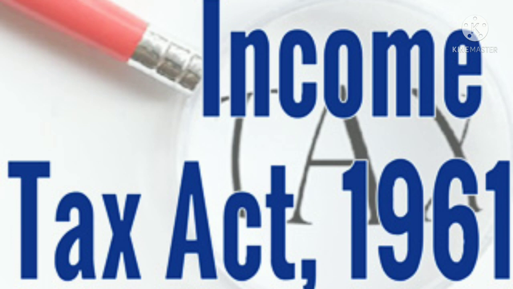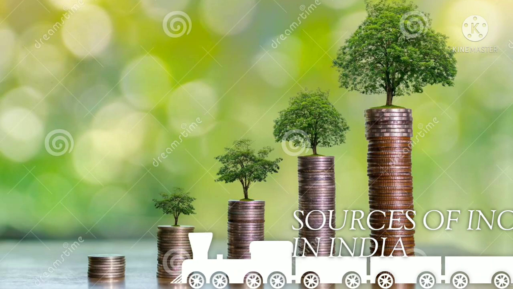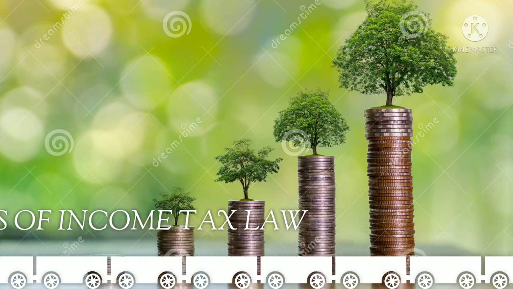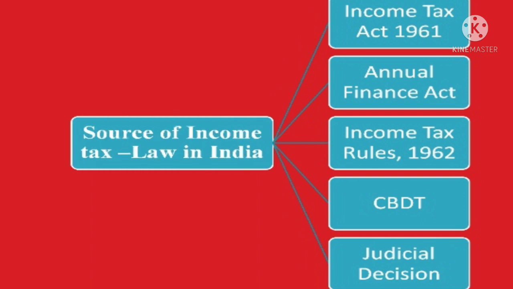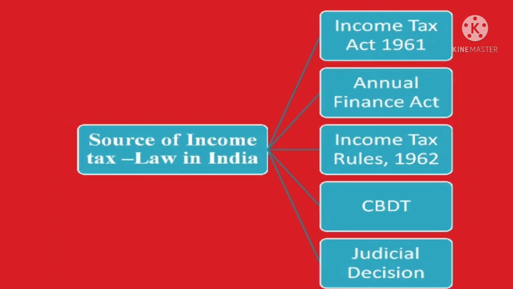So that's all about the history of income tax. Now we can move to the next topic, the sources of income tax law in India. Sources of income tax law generally means what components have to be considered by the income tax authority while implementing the income tax law upon persons. So there are 5 things to be taken care of by the income tax authority.